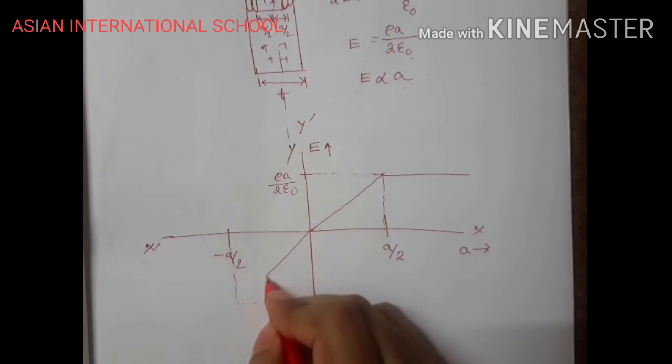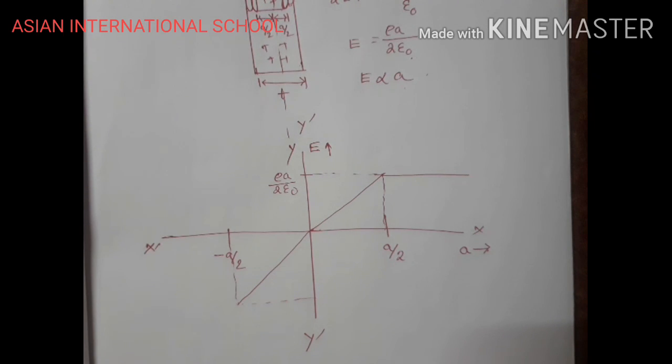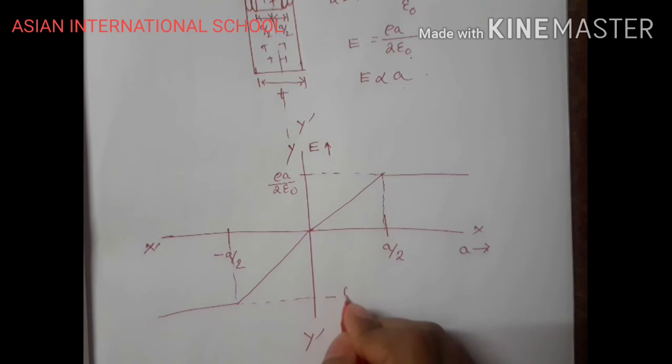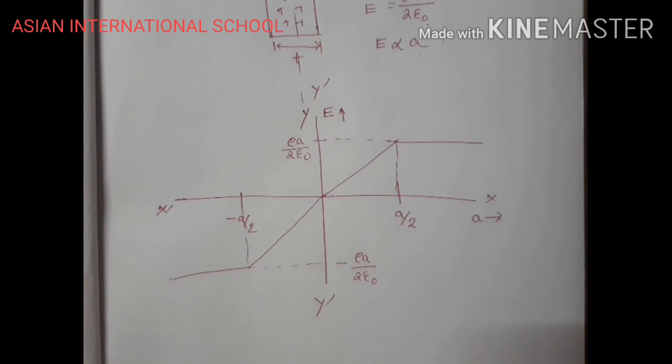Here also rho A by 2 epsilon naught on the other side, on the negative x-axis, and then it becomes constant. Minus rho A by 2 epsilon naught, electric field is in the negative direction of x-axis, right?